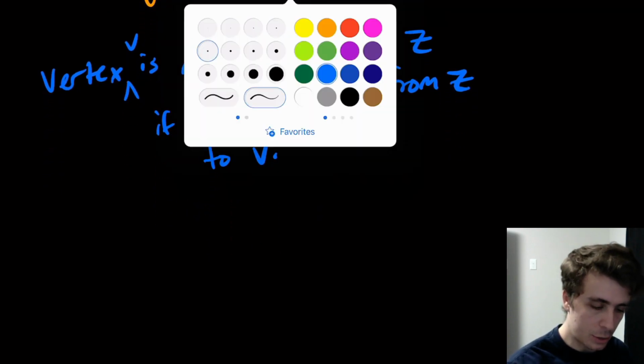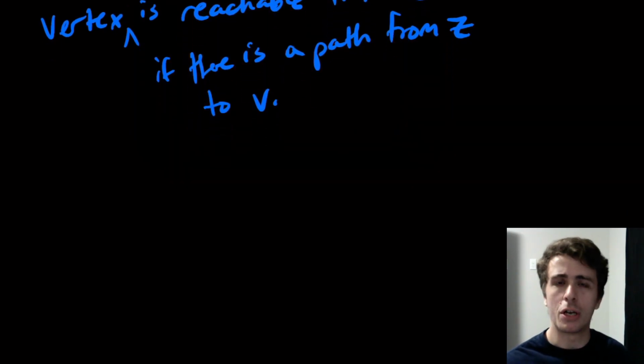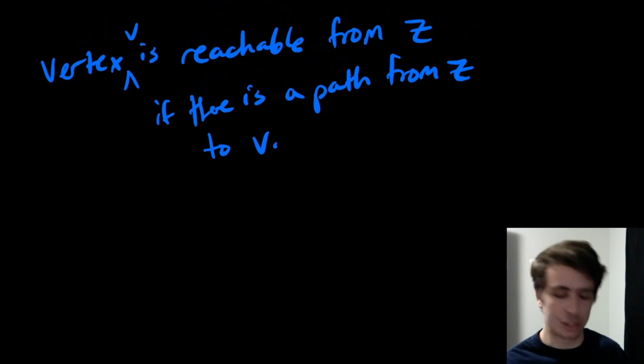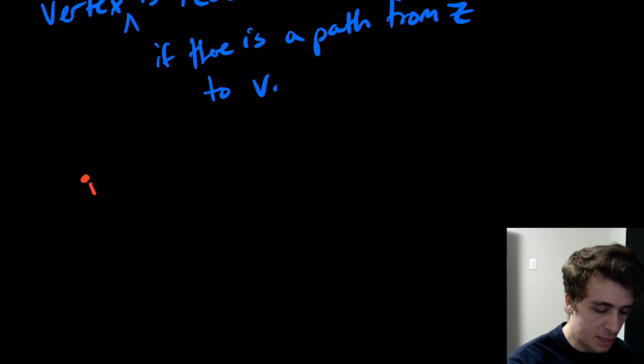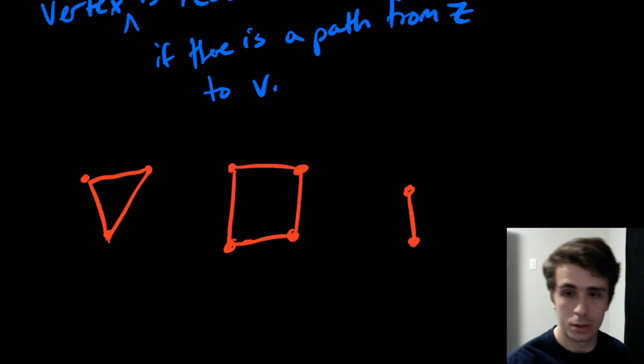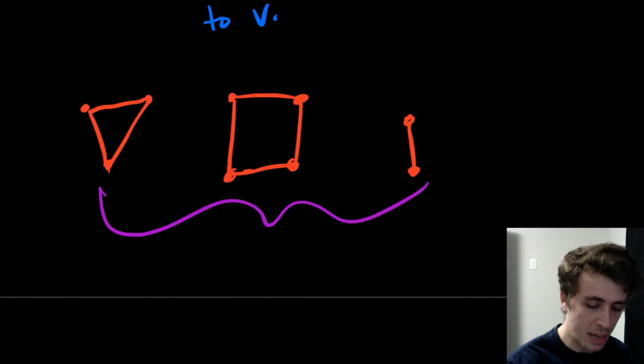Another term: there's nothing in the graph definition that says that every vertex must be able to reach another vertex. So we could have something that looks like this. Maybe I have a little triangle right here, and then a square with 4 vertices, and then maybe a little two-vertex thing. And I could say that this whole thing is the graph.